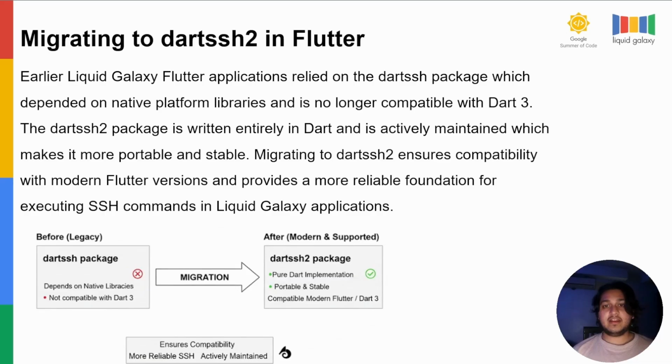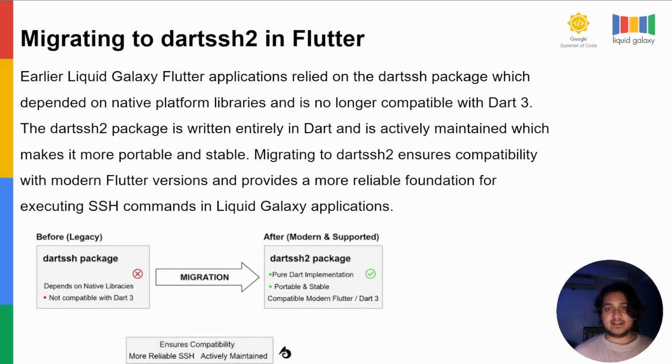Before moving on ahead, I would like to briefly mention the SSH library choice in Flutter. Earlier, Flutter used to use the ssh package for SSH connectivity. However, this package is no longer compatible with Dart 3 and modern Flutter applications.